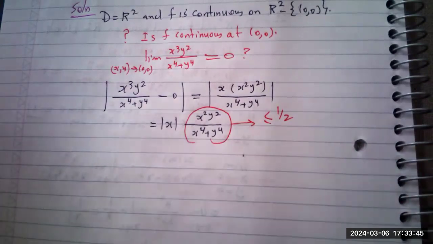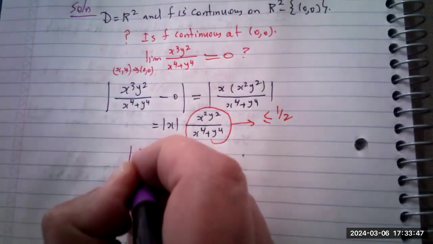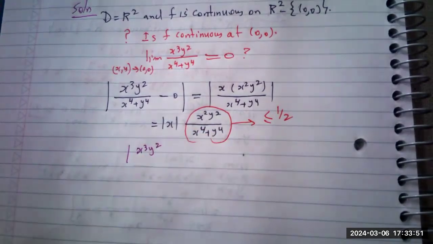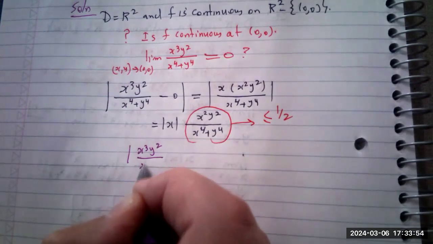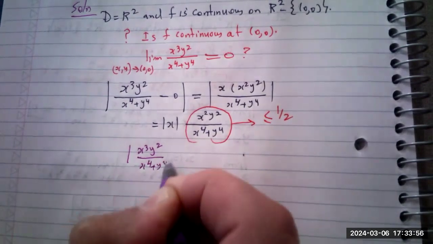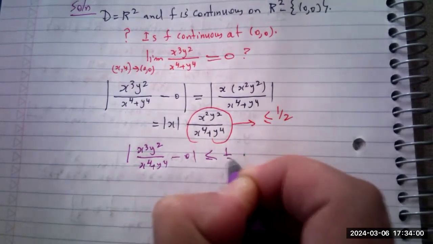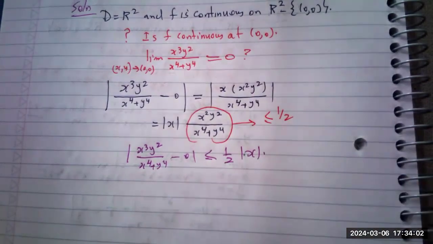So this means the absolute value of x cubed y squared over x to the 4th plus y to the 4th, minus 0, is now less than or equal to 1/2 of the absolute value of x.